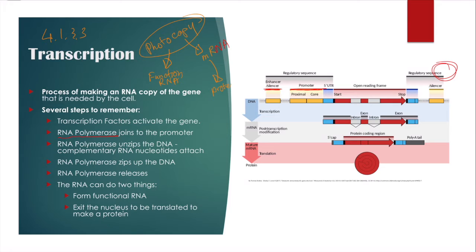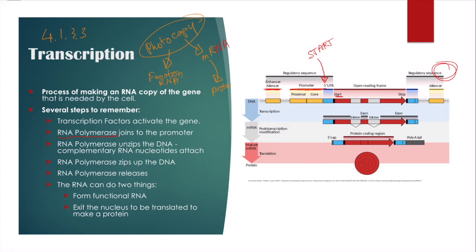Here's the start of your gene, and the RNA polymerase has to actually join on right here on what we call a starting section. I'm not going to go into it in detail, but there's a start code there. The RNA polymerase needs to join there before it can unzip the DNA and photocopy it. If it can't join, nothing happens. So all of these guys basically affect whether or not RNA polymerase can get going.